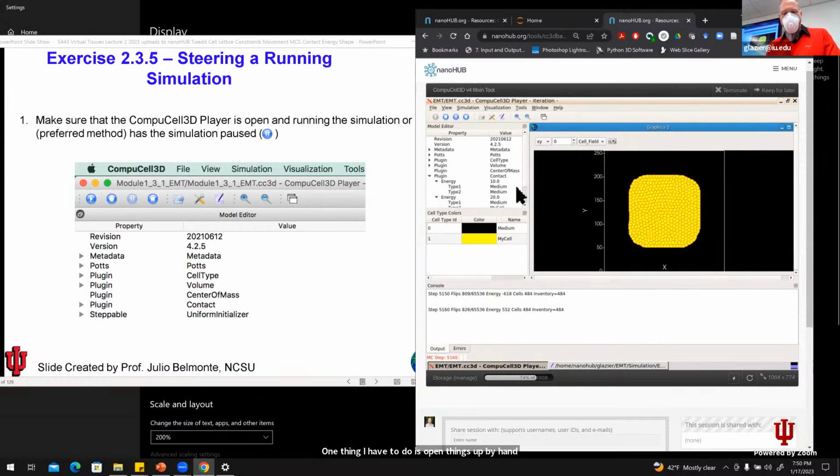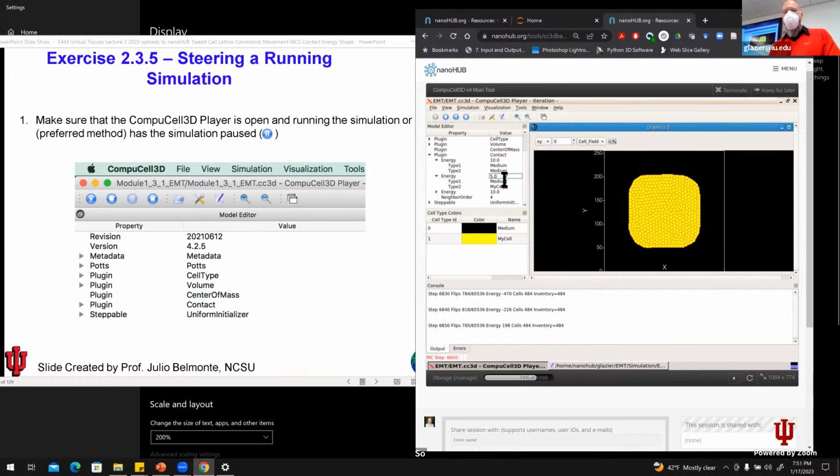I will see energies listed here. And I see type 1, type 2, my cell, medium, my cell, and the value, 20. And so I could go in and change cell medium contact energy, make it 5.0.